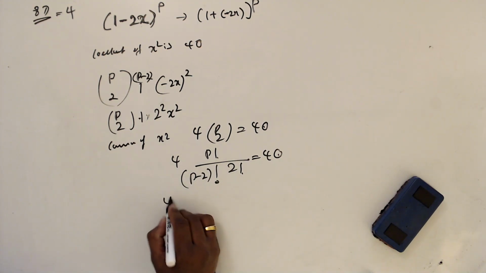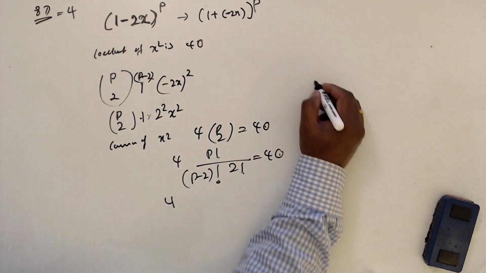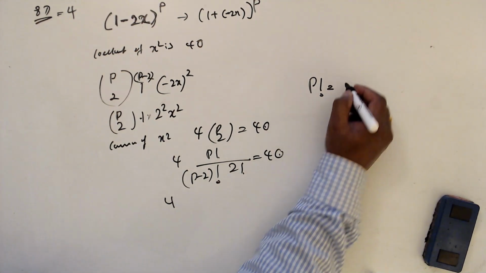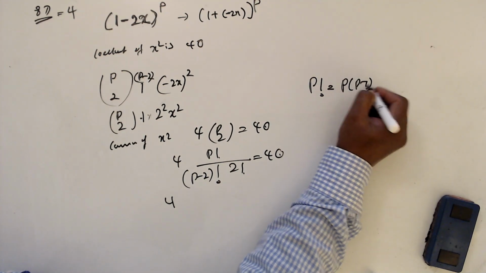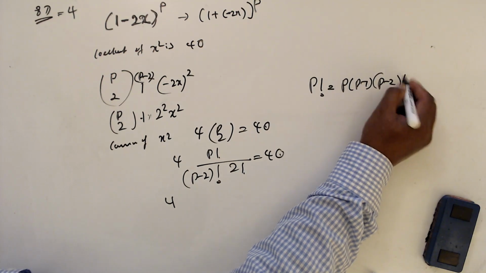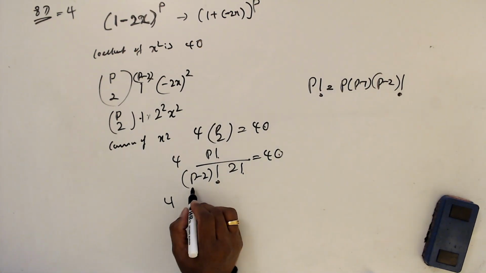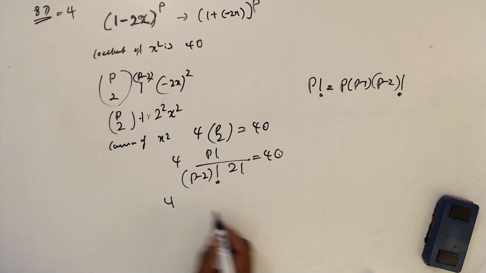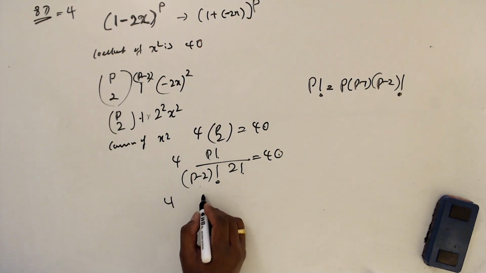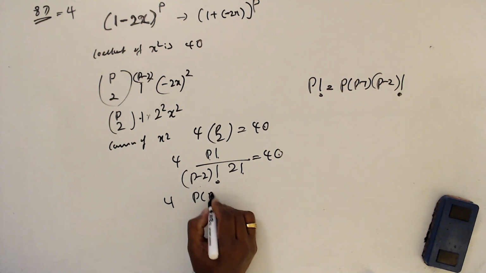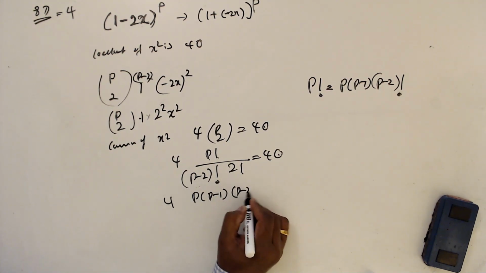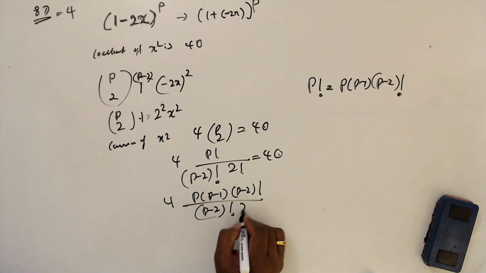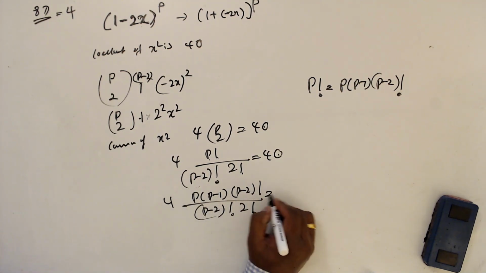So this one, p factorial I am going to write in terms of p, p minus 1, p minus 2 factorial, because the p minus 2 factorial here I can cancel out. 4 times p, p minus 1, p minus 2 factorial, divided by p minus 2 factorial times 2, equal 40.